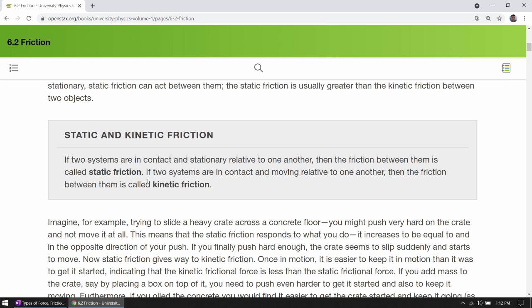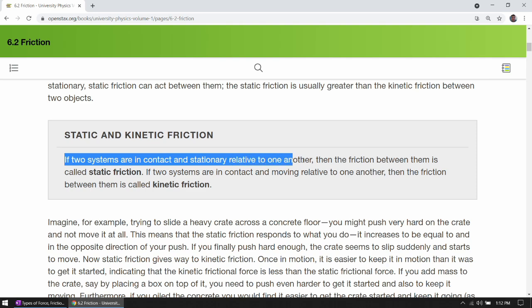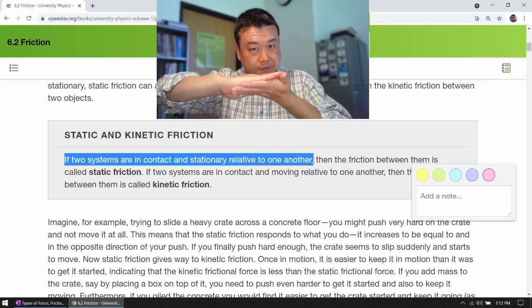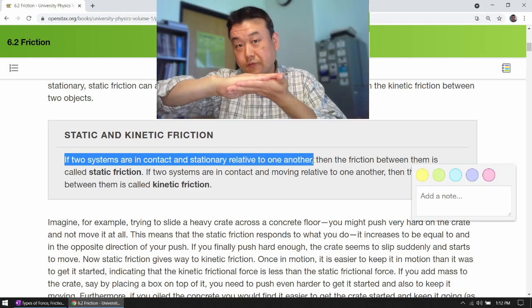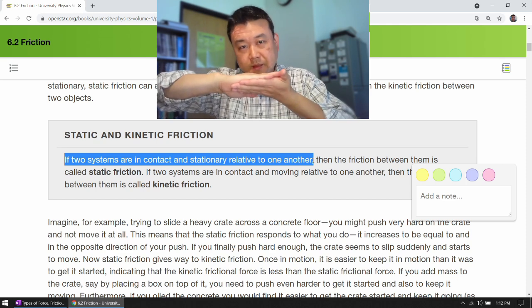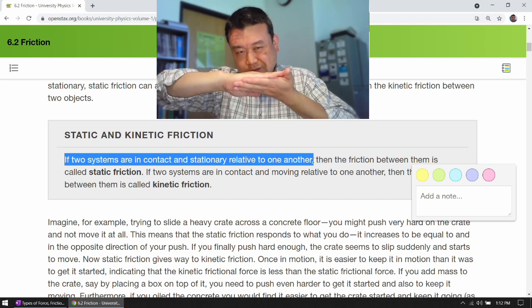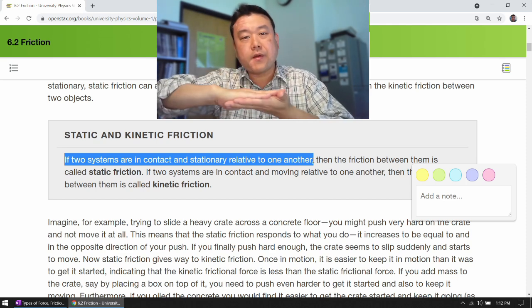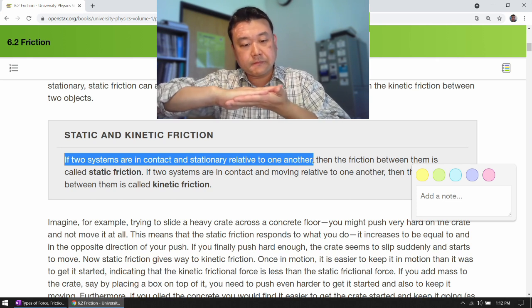So, as the textbook description says, static friction is what you have when you have two surfaces that are in contact and they are stationary. So, this is when the friction has successfully stopped the sliding between surfaces. The two surfaces are not moving and exerting a little bit of force. That's when there's a static friction acting.